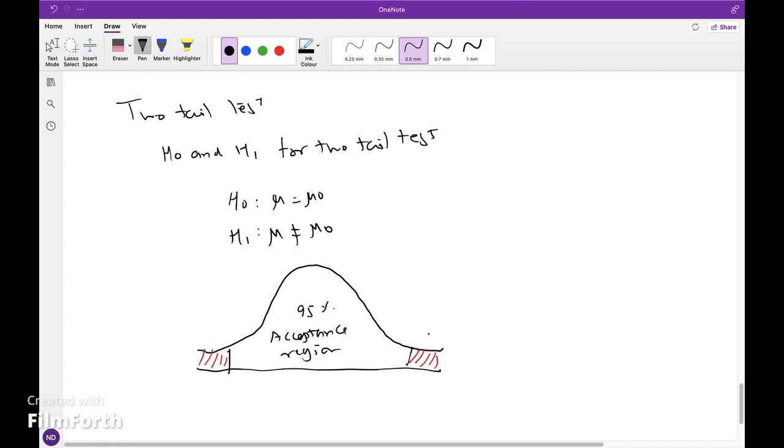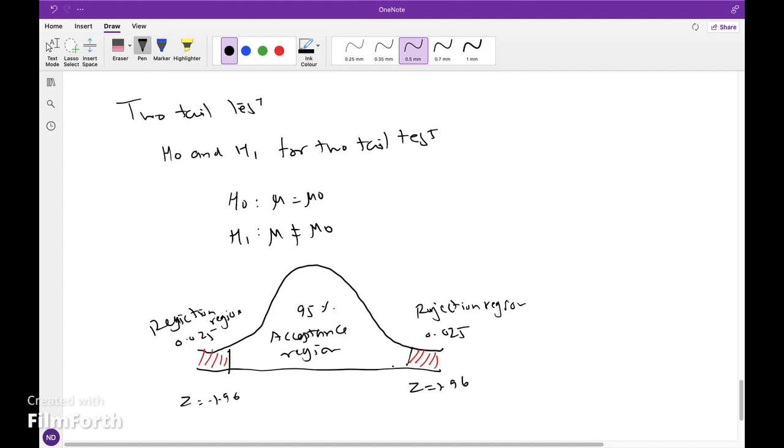This is 0.025 rejection region. Here also 0.025 rejection region. Here Z is equal to minus 1.96, positive value here Z is equal to 1.96.